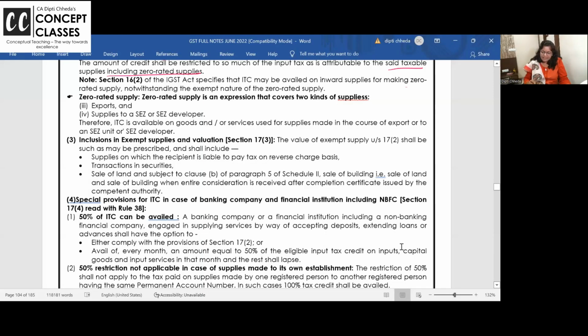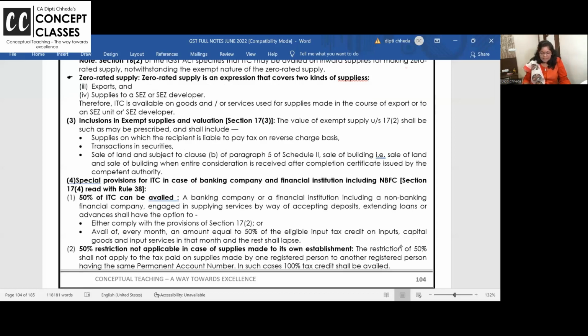Now 17.3. Just read it. 17.3 says value of exempted supplies shall include supplies on which the recipient is liable to pay tax on reverse charge basis. That will be included in exempted supply. Meaning on that, in your RCM you have paid tax, but that is not your output tax.